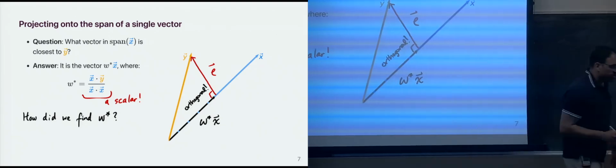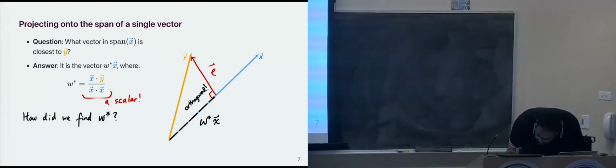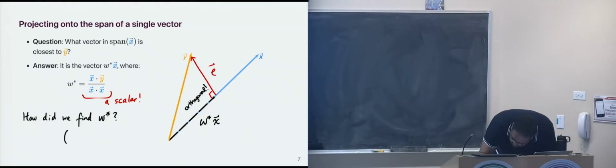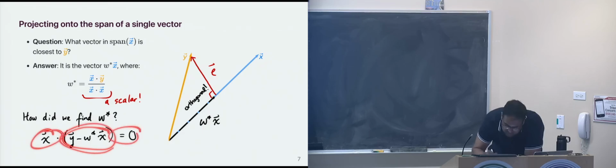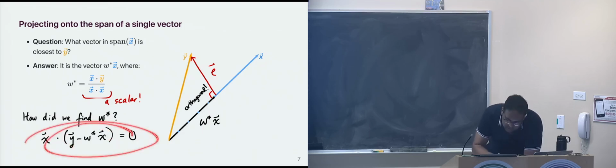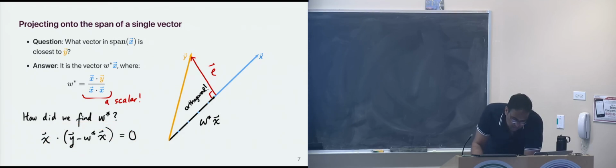And so written out mathematically, the error vector with this best w would look like this, y minus w star x. If I want that error to be orthogonal to x, well then the dot product of the error with x must be 0. And what we did is we solved for w star here.